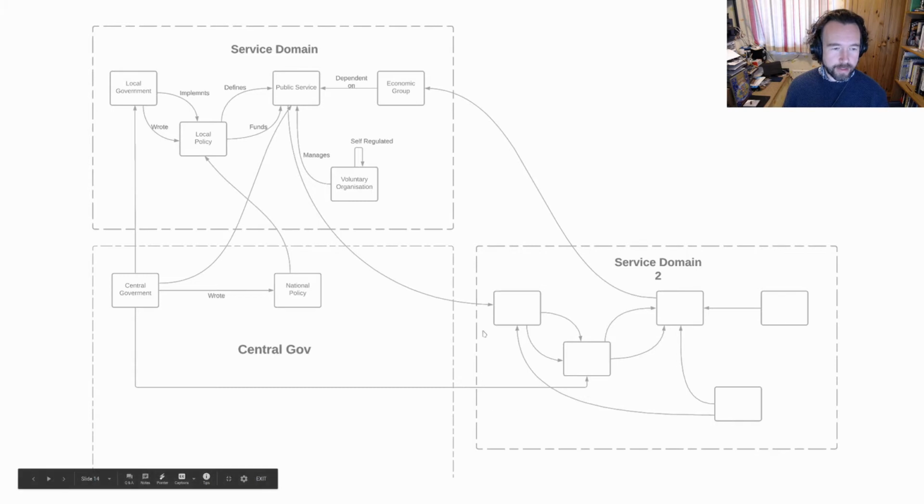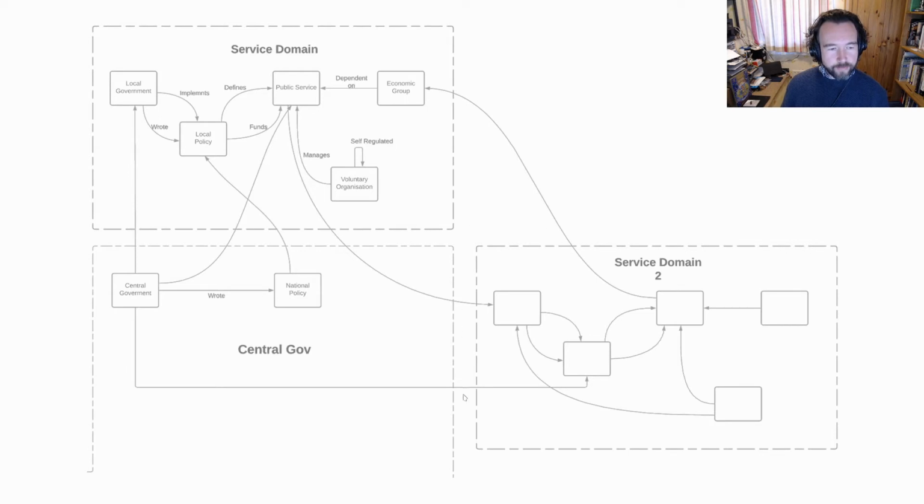Similarly, you might have another service domain over here, which has its own components, its own interaction with central government, but perhaps importantly to you, it also interacts with the service domain you're interested in. So my public service is an input into this system, and then there's a part of this system that affects this economic group, which are dependent on my public service.